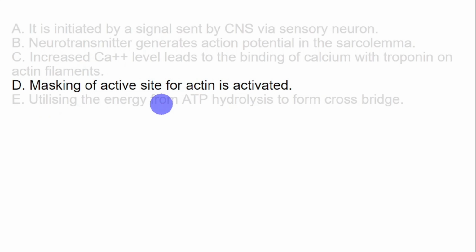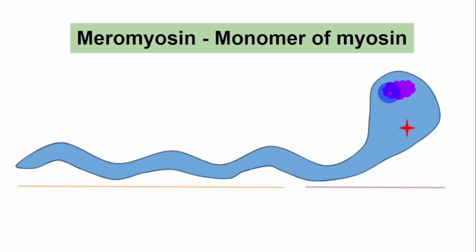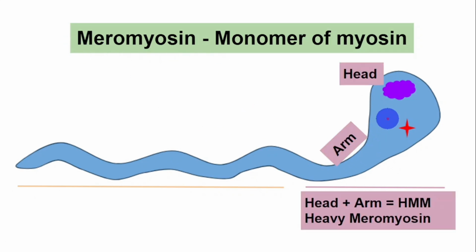I'll show you why this is incorrect. So here you see a monomer of myosin. It is called meromyosin. This globular region is called head, and this is a short arm. Together head and arm are called heavy meromyosin.